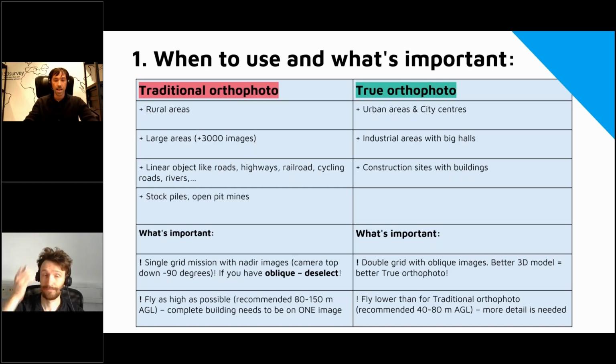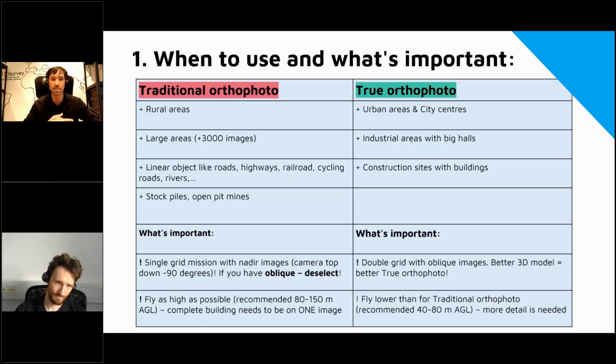Okay. And as a conclusion to this topic, here are our guidelines on when to use which and what's important. So when to use a traditional orthophoto or when to use a true orthophoto. I will go with these general rules. Use a traditional orthophoto if you have rural areas, where fields are, where stockpiles are, where roads and highways are, with fewer and smaller buildings.